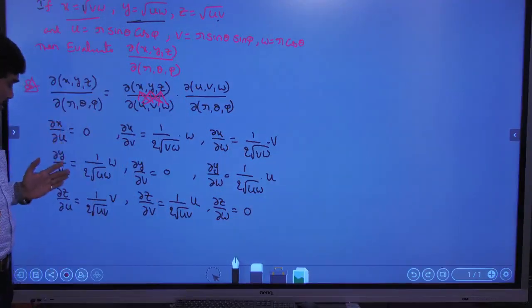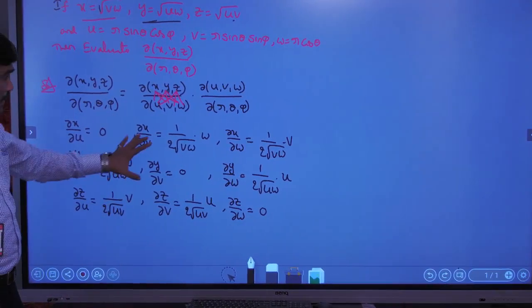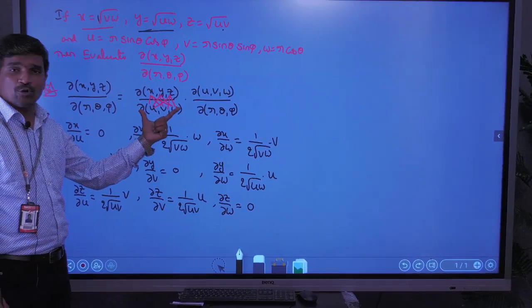We get dou x by dou u, dou x by dou v, dou x by dou w, and similarly for y and z. Now substitute these values. What is the Jacobian here?